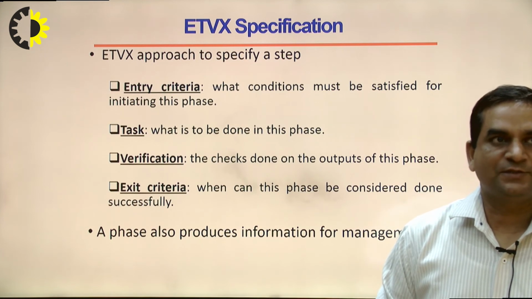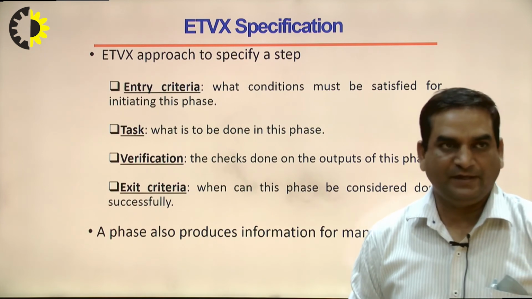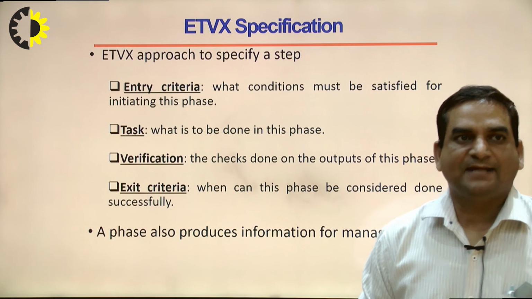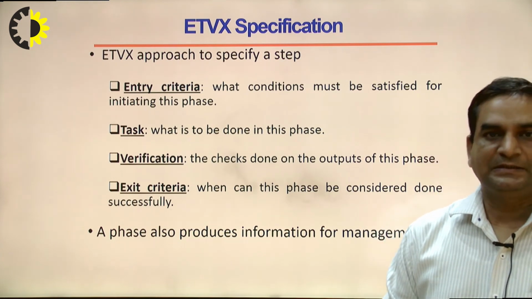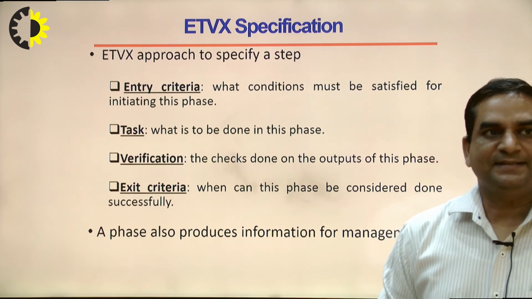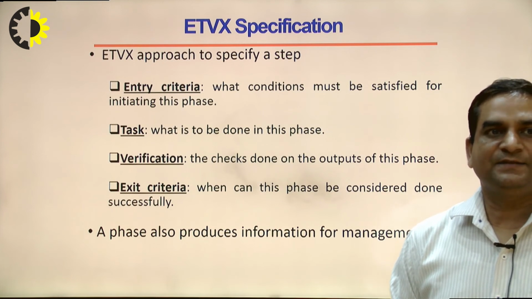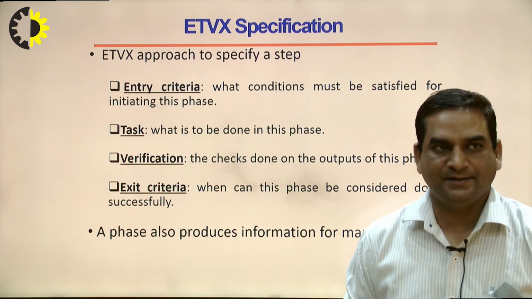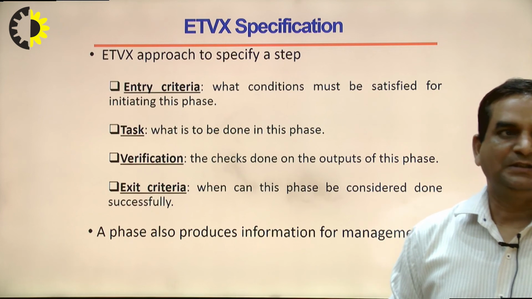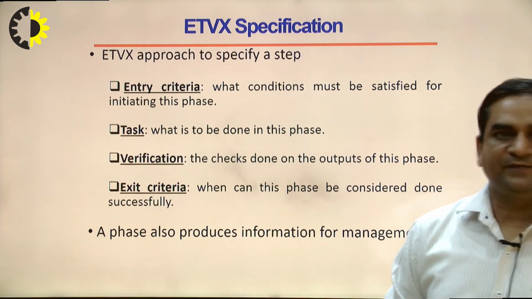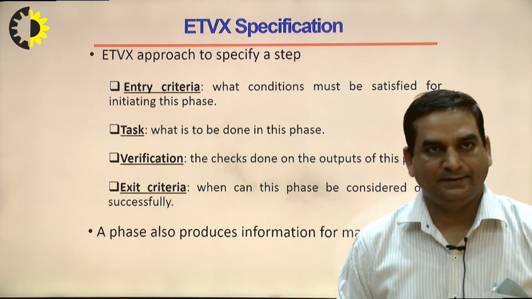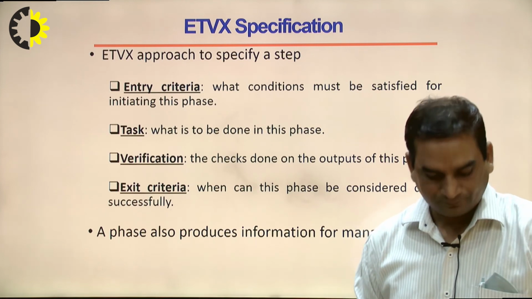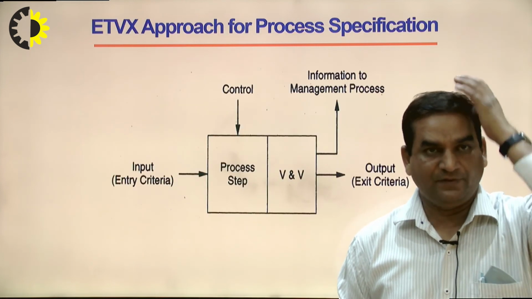Task means what is to be done in this phase. Verification means the checks done on the output of this phase. Exit criteria means when this phase can be considered done successfully. A phase also produces information for the management. So this is all about the ETVX specification.